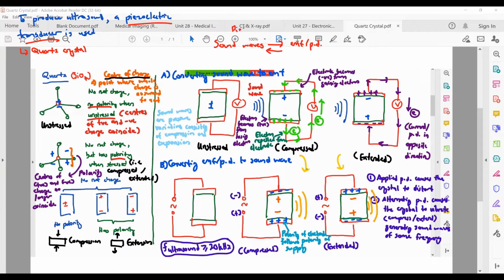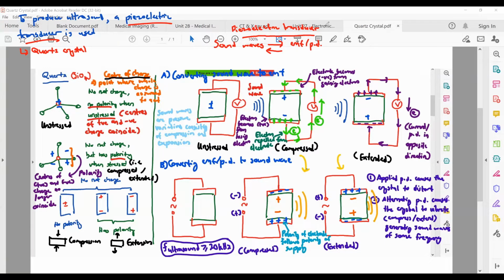This is what makes a piezoelectric transducer unique. Okay, so I will just go through how it does so for these two different conversions.